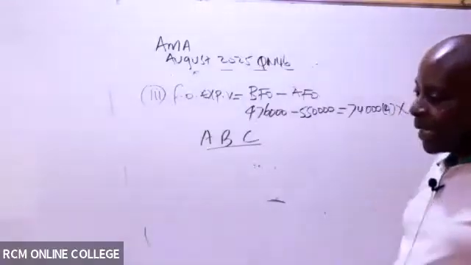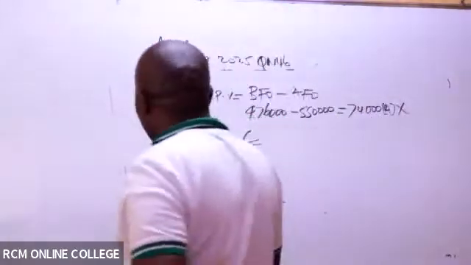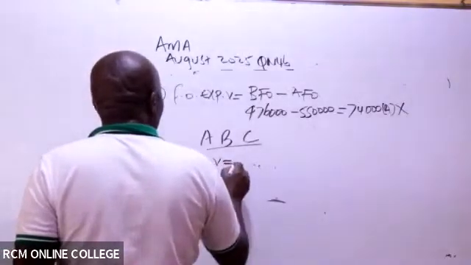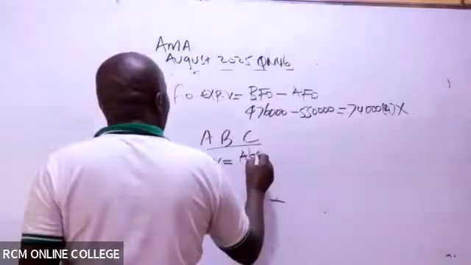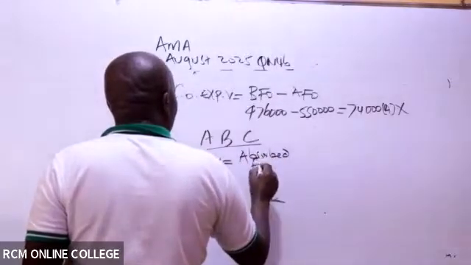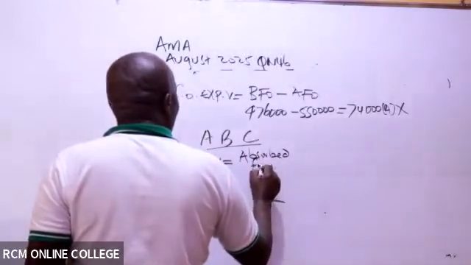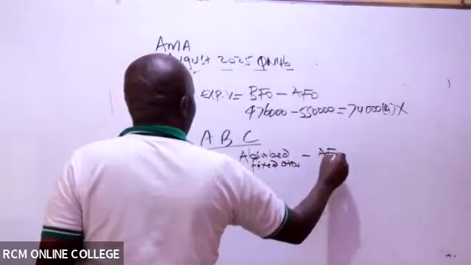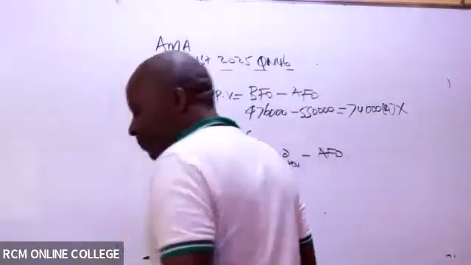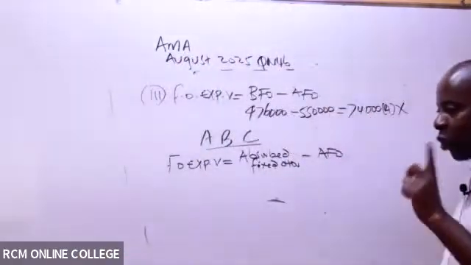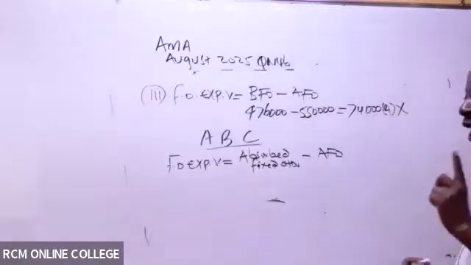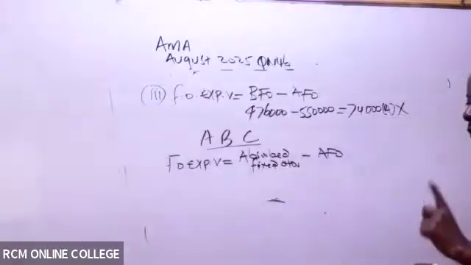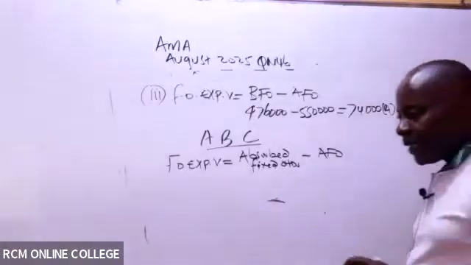So if it is activity-based costing, ladies and gentlemen, this fixed overhead expenditure variance becomes absorbed fixed overheads minus actual fixed overheads. If it's ABC, we are absorbing this using cost drivers. Is it adverse or favorable?